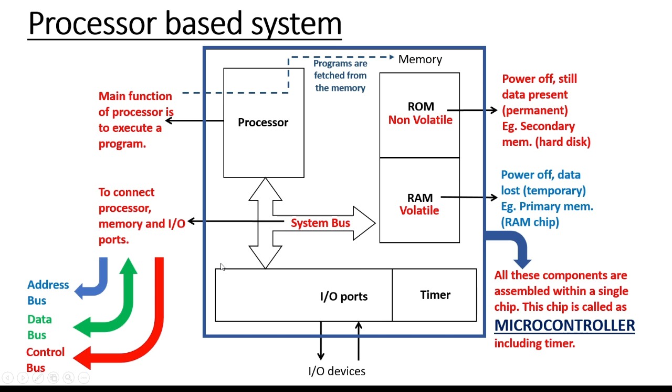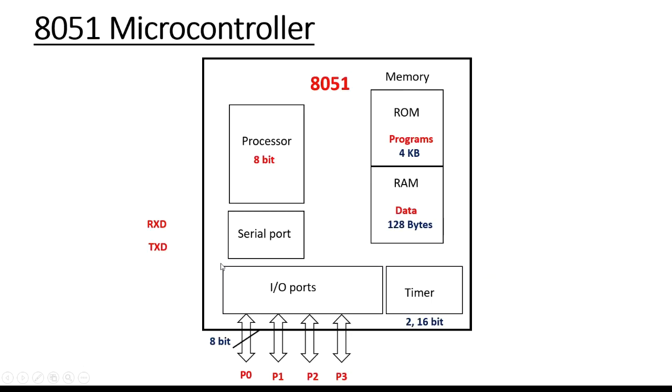Likewise, it increases the complexity of the processor based system. But in a microcontroller, all those components, ROM, RAM, timer, IO ports, are fabricated on chip, whereas in processor based systems they are separately interfaced with the processor, making your system larger and more complex. So that's the main advantage of having a microcontroller.